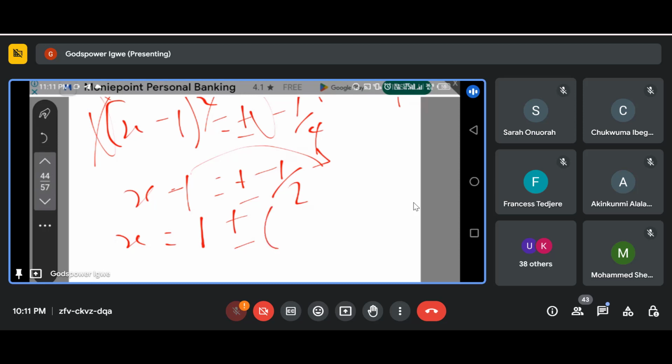Plus minus bracket minus 1 all over what? All over 2.